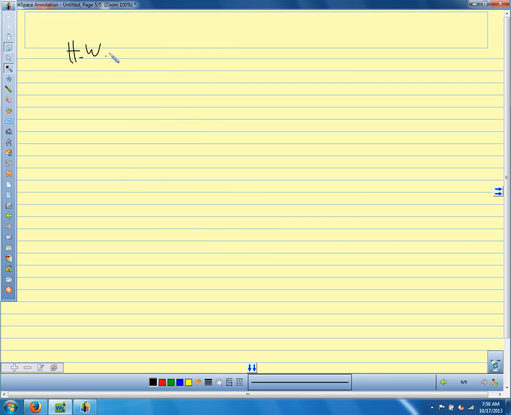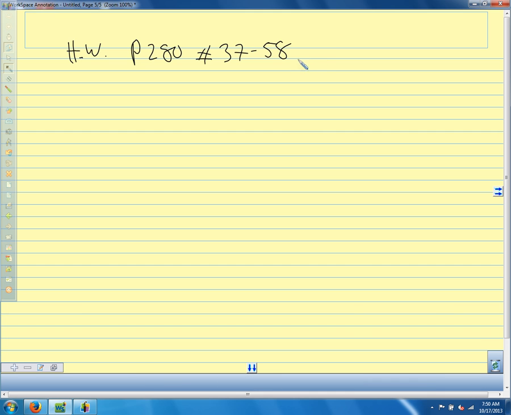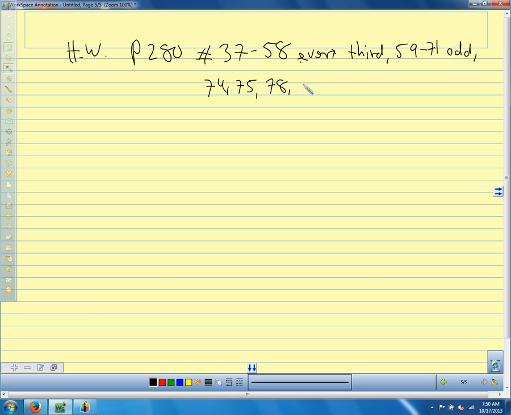Let me put the homework up, and then we have a lab that we're going to do in class today. All right, so a lot of these at the beginning are just calculator or remembering that secant of theta is 1 over cosine, that kind of thing.